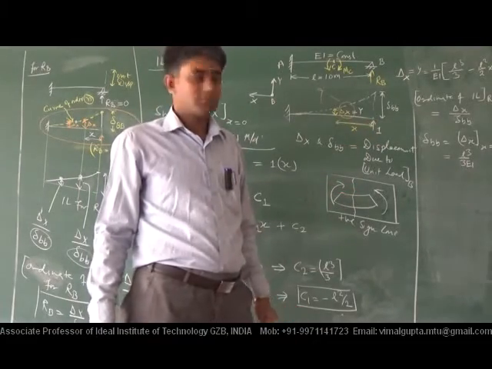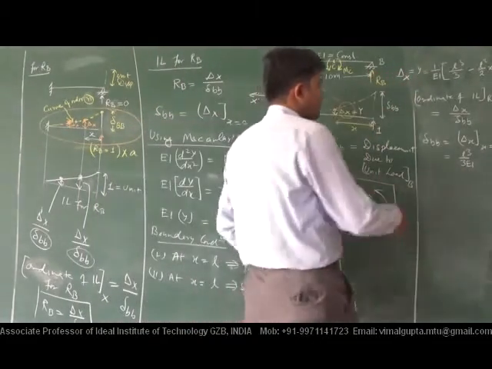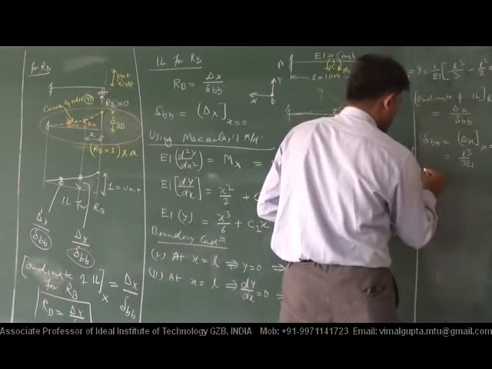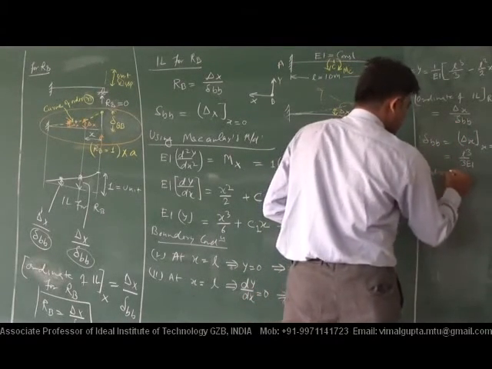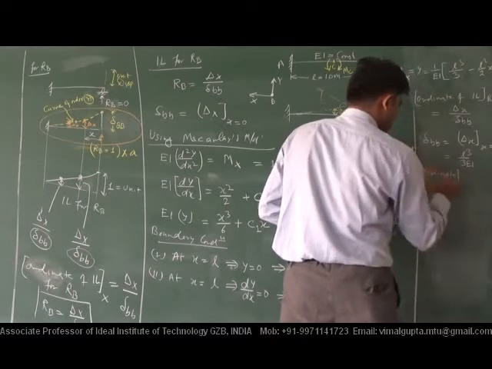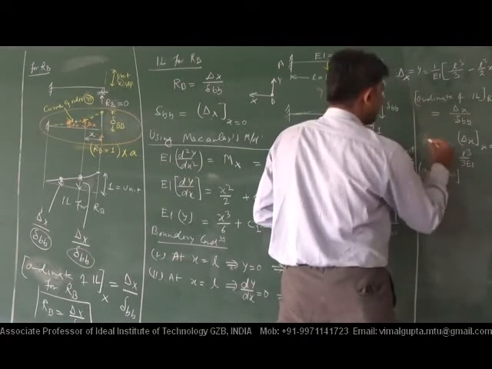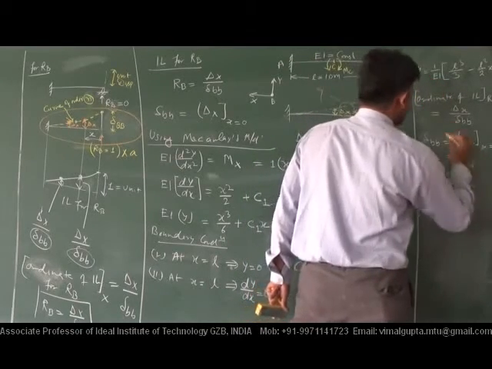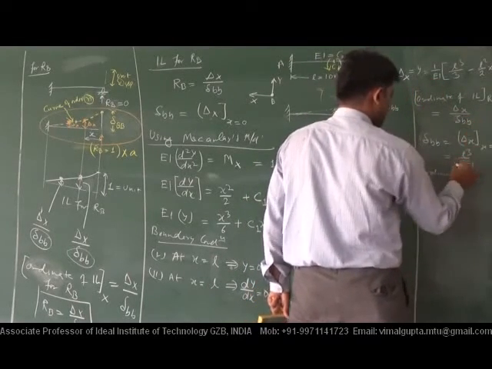Now ordinate of IL, how much is it? Therefore value of ordinate is del x by del BB.